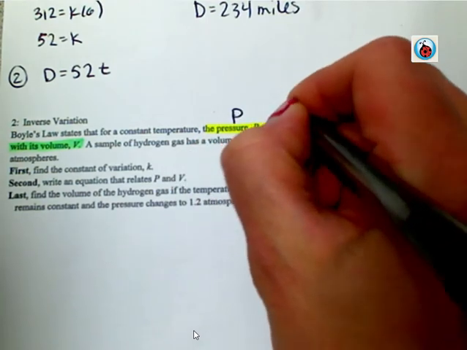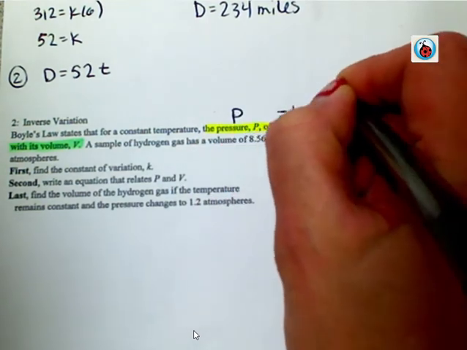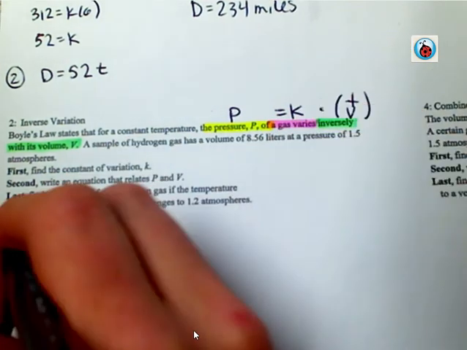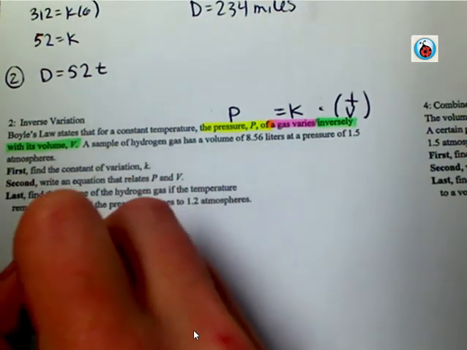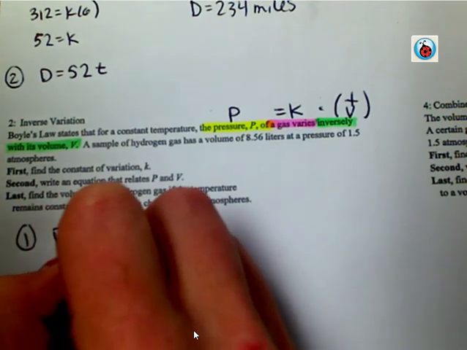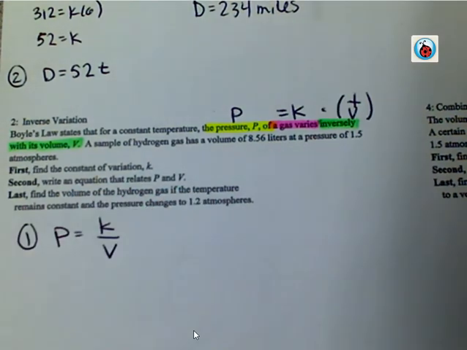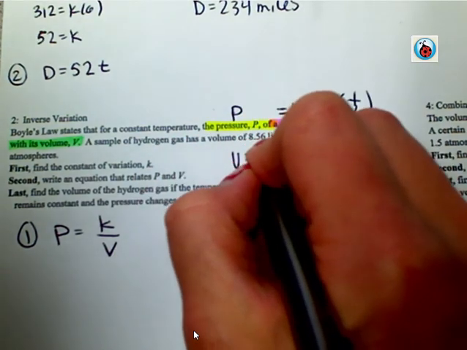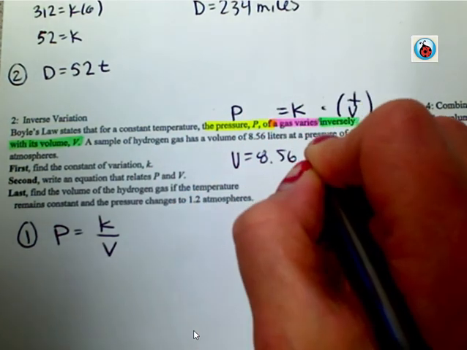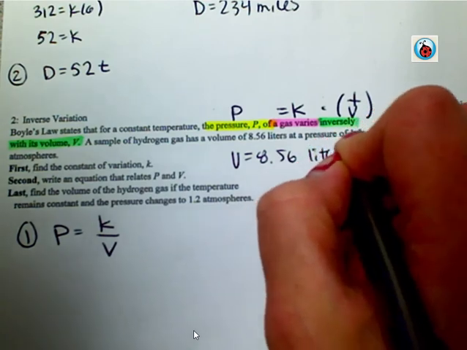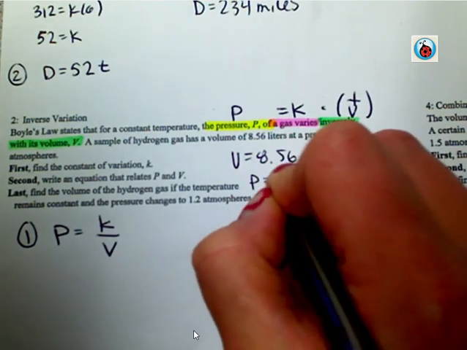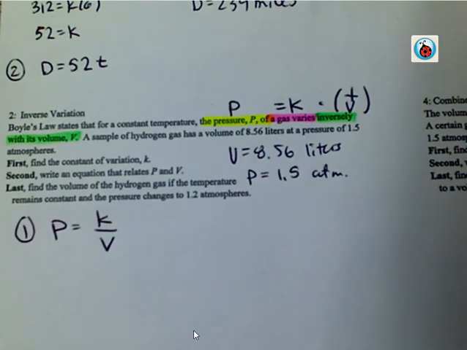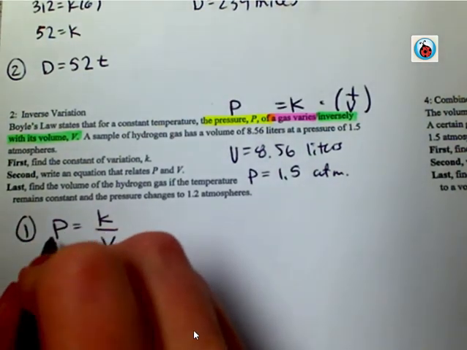Pressure varies inversely with the volume. Okay, so first find the constant. P equals K over V. A sample of hydrogen has a volume of 8.56 liters and a pressure of 1.5 atmospheres. Find K.